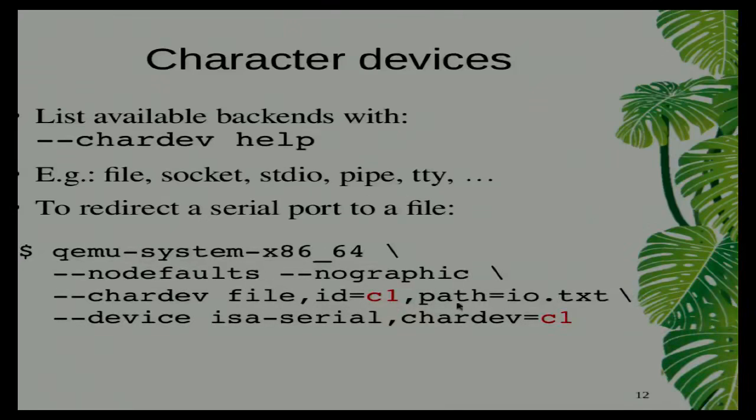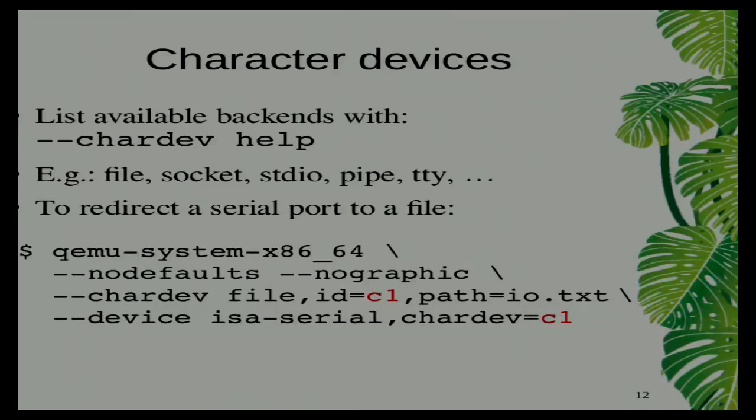And with path equals the file name, I tell QEMU which file to use on the host file system. The guest hardware is configured with -device. isa-serial is a serial port on the ISA bus. Then I say comma, chardev equals, and here is now the ID to tell QEMU which character backend should be used to connect the serial port to.